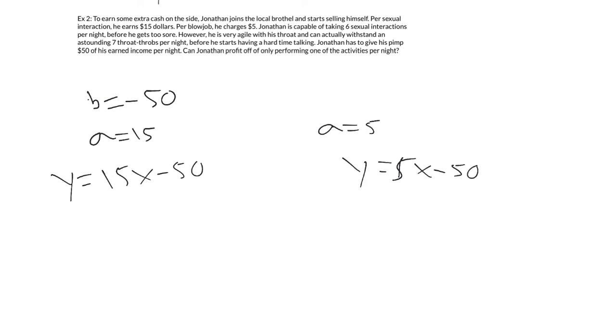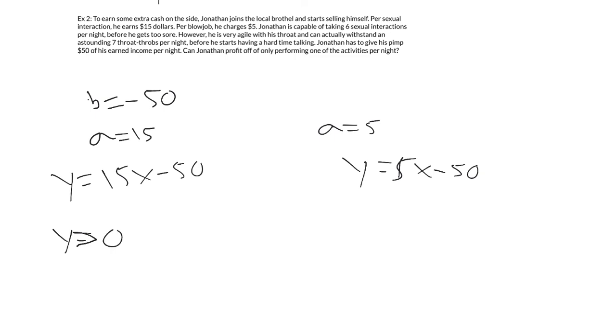So, since Jonathan wants to profit, he needs y to be greater than 0. So what we're going to get is that y is greater than 0.